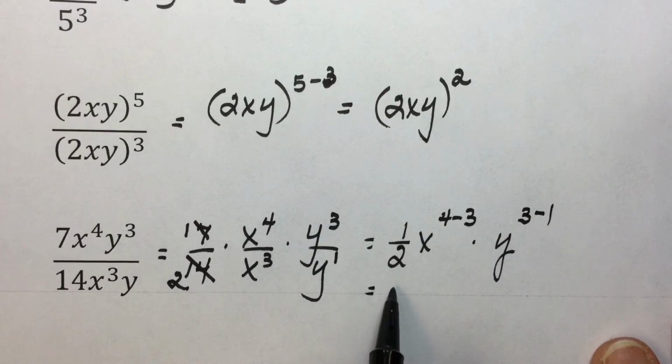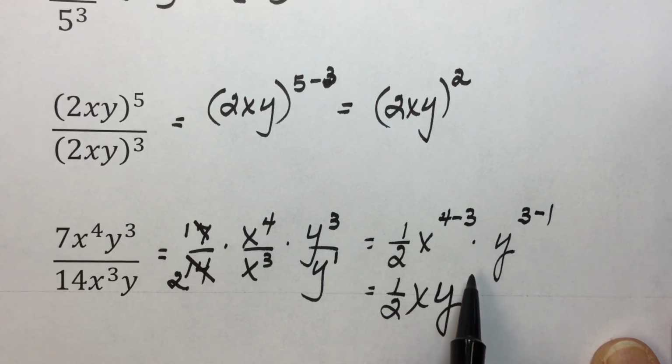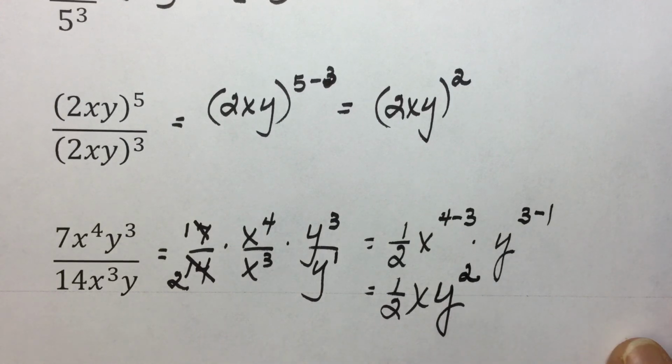And simplifying, then we have 1/2 x to the 4 minus 3, first power, which I'm going to leave, it's an implied first power, times y to the 3 minus 1, or exponent of 2.